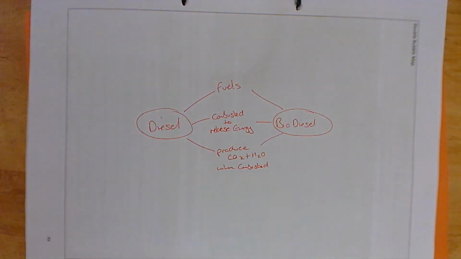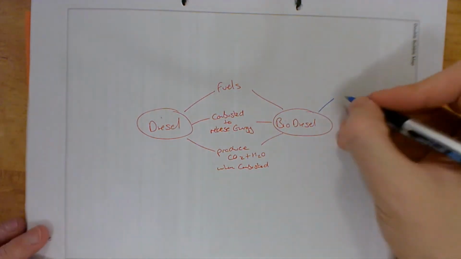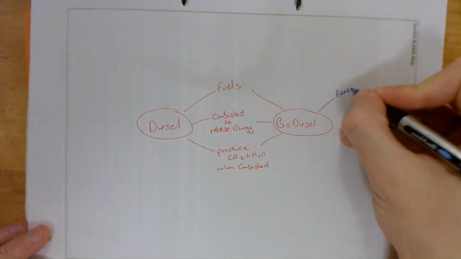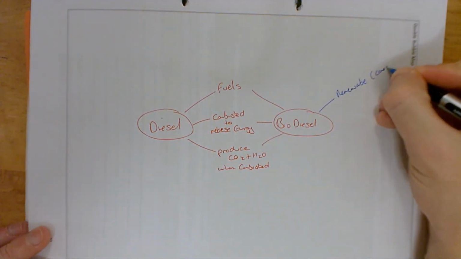However, if we look at some of the key differences, biodiesel comes from plants, comes from a crop, so it is renewable. So it comes from plants, you could always plant more.